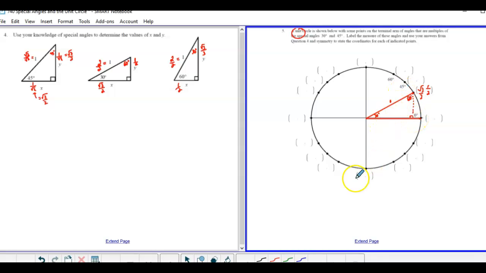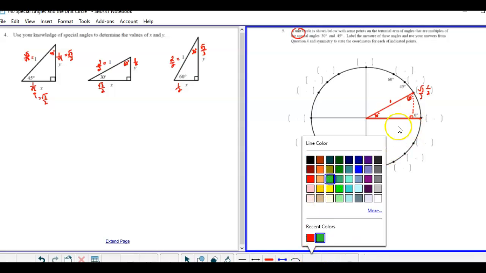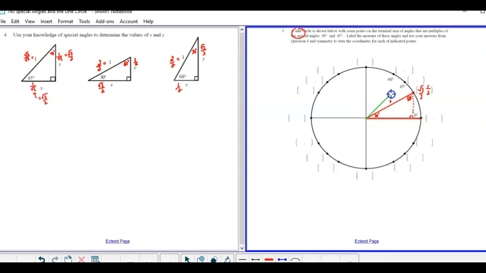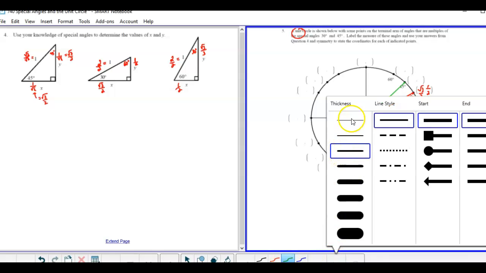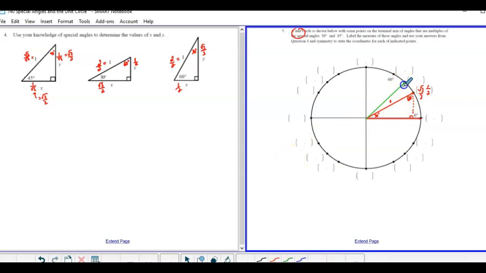So now if we want to do the same for the 45, maybe I'll do it in green. So here, all right, and so then when I draw my triangle here, okay, so that's going to be 45 here, which means it's 45 at the top.